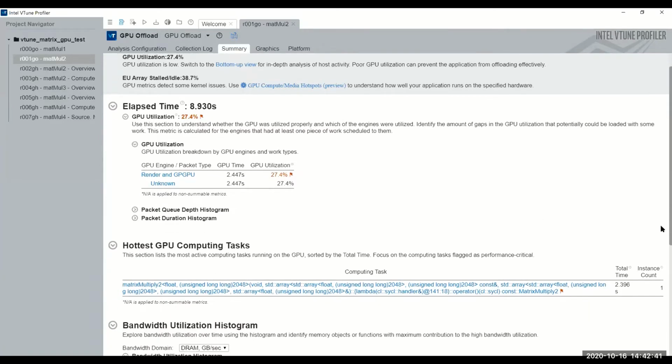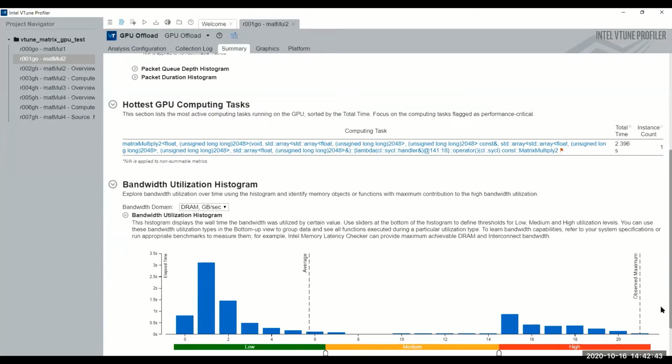And you get the hottest computing task. In our case, it's just a single task, the multiply kernel. In real-life applications, there would be many kernels, and VTune would sort them by the time it took to execute them.